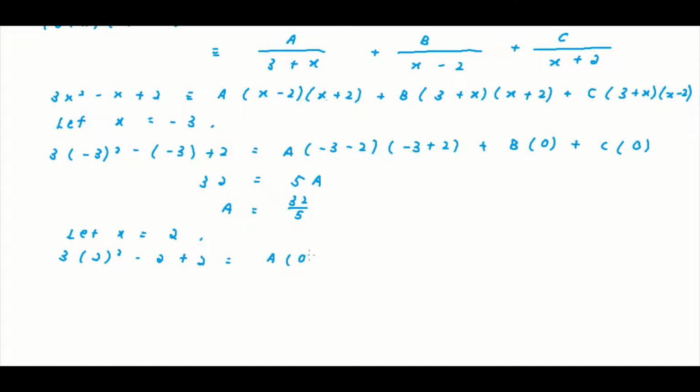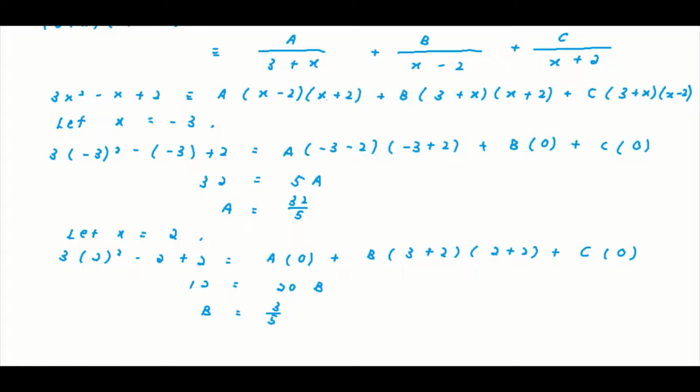So a times 0, plus b times (3 plus 2), plus c times 0 as well. Okay, so let's continue. When you add them up together, you are getting 12 equals 5, so 20b. Okay, so your b will be equal to 3 over 5.